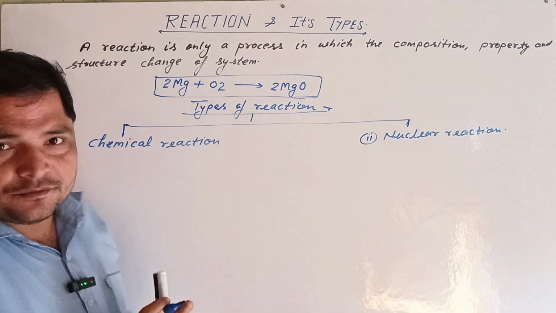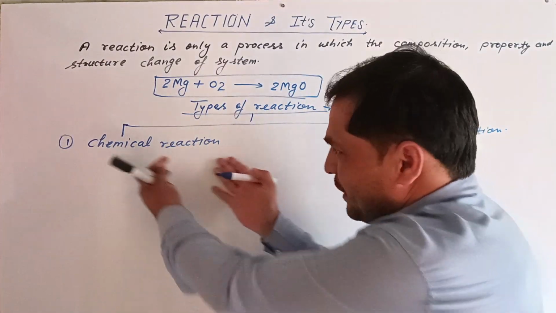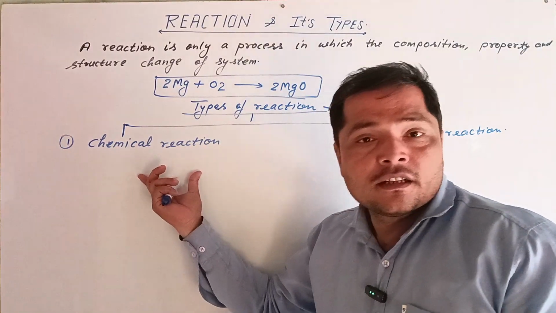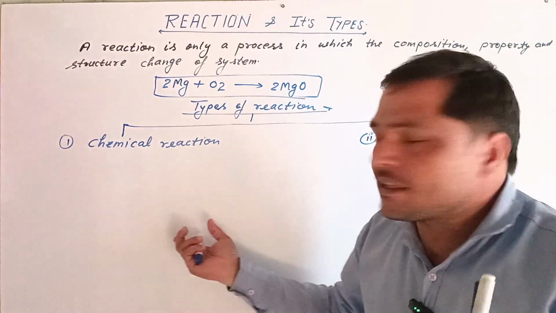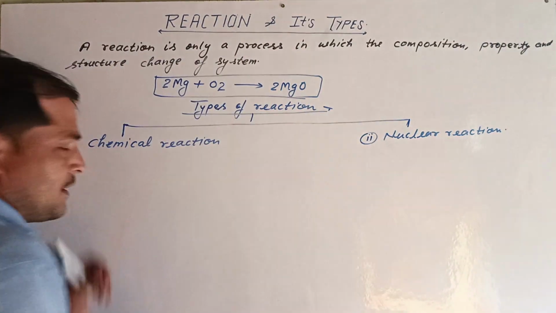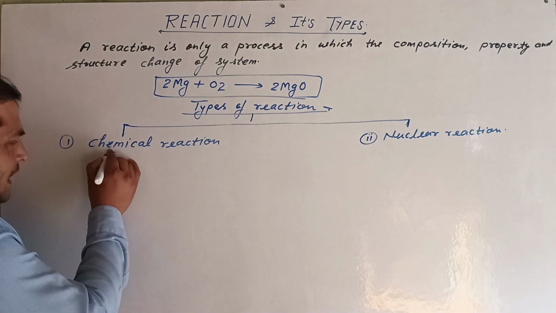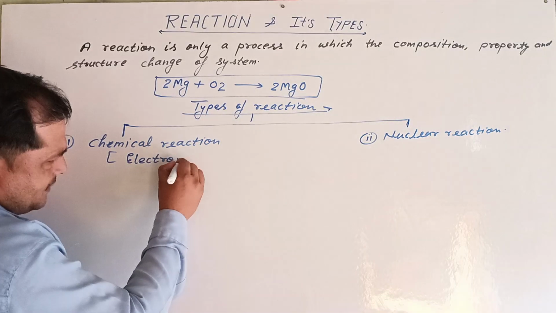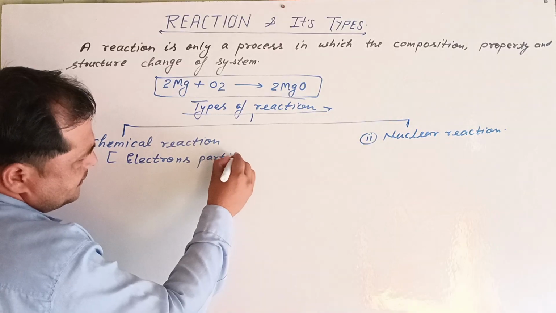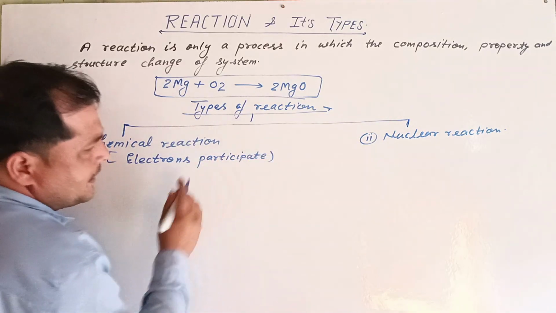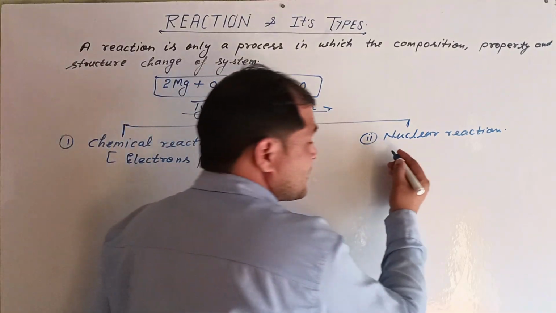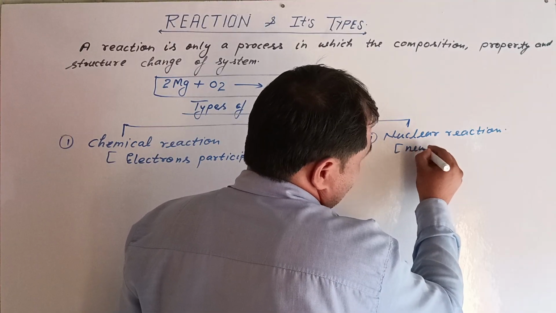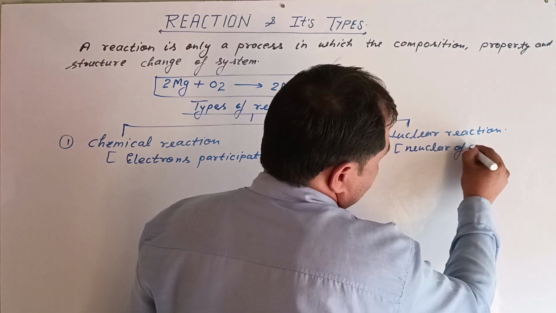Now we will learn about chemical reaction and nuclear reaction. What is a chemical reaction? The reaction in which the electrons of atoms participate in the reaction is known as a chemical reaction. And in a nuclear reaction, the nucleus of the atom participates.